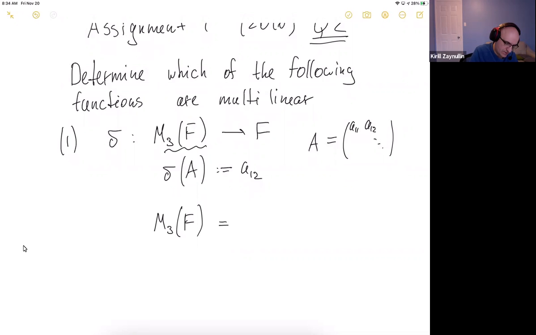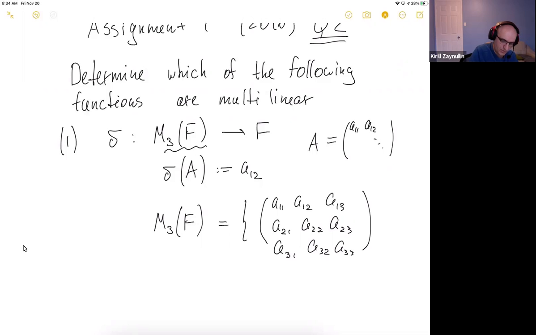It consists of all matrices with entries A11, A12, A13, A21, A22, A23, A31, A32, A33. Be careful that here we look at the rows.